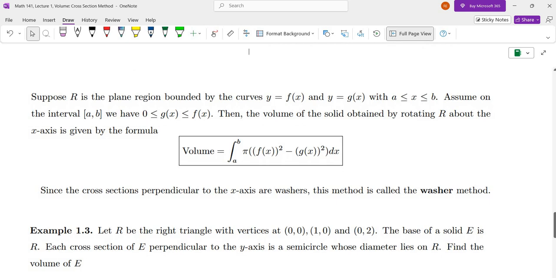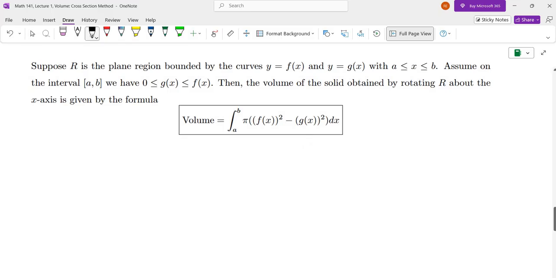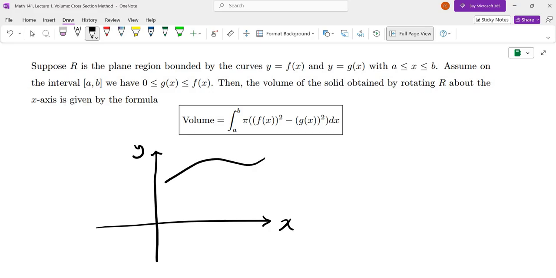Now, what is the general idea here? The general idea is that if you have a region between two curves, so we have two curves, y equals f of x and y equals g of x. The top one is y equals f of x, and the bottom one is y equals g of x.